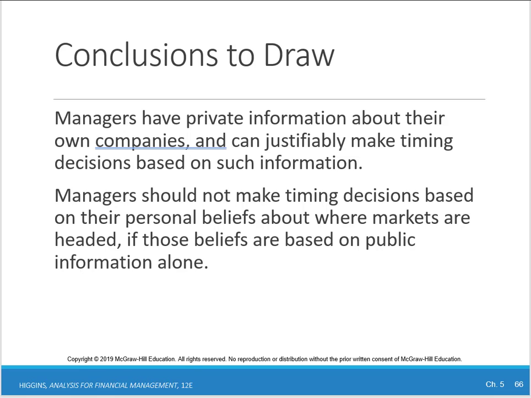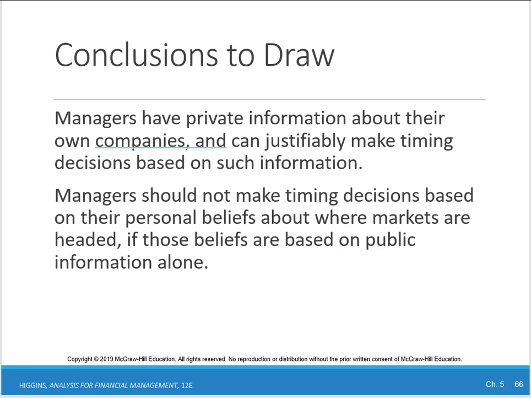So what conclusions can we draw? Managers have private information. They can justifiably make some timing decisions because they know this inside stuff. They should not be making timing decisions, though, based on their personal beliefs about where markets are headed, right?